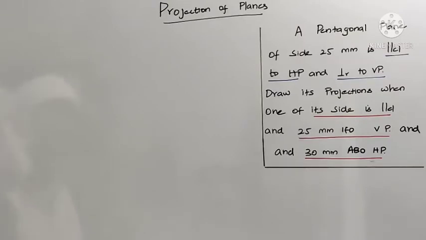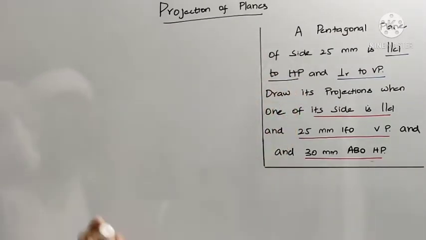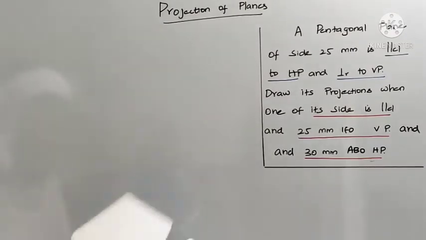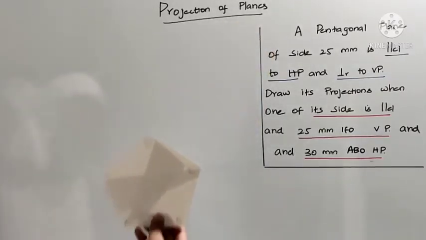Okay, so this is the first problem: a pentagonal plane of side 25 mm is parallel to HP and perpendicular to VP. So this is the pentagonal plane, and the plane is parallel to HP.